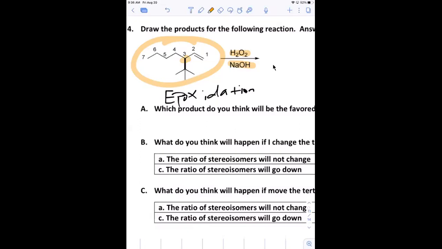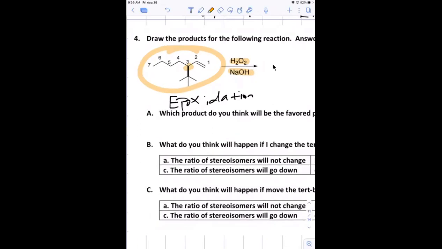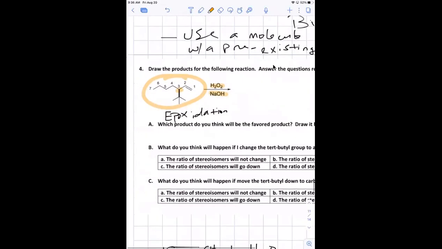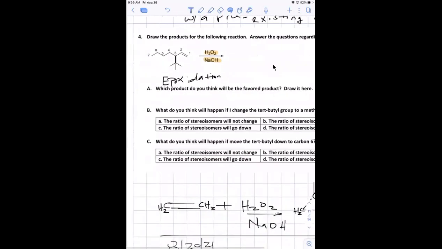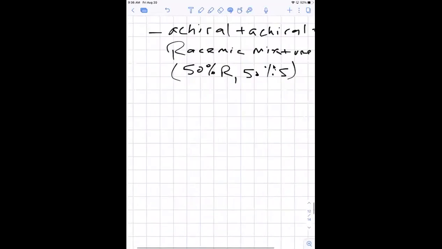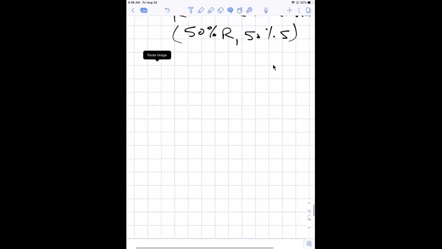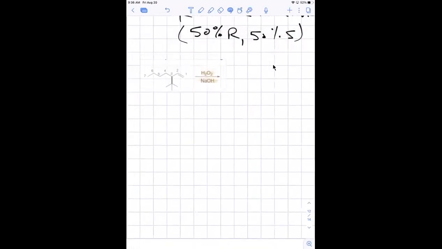All right. So let's look at the reaction, and I'm gonna copy this. I know I'm gonna run out of room. All right, so this is my reaction. Let me ask you a question.